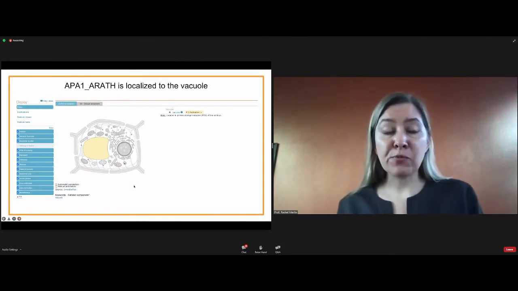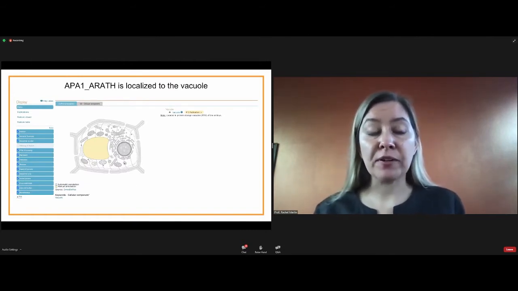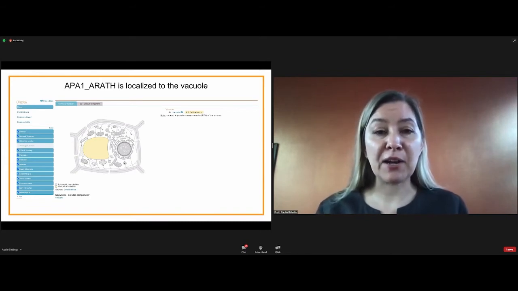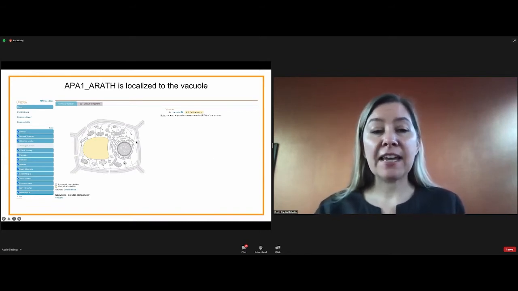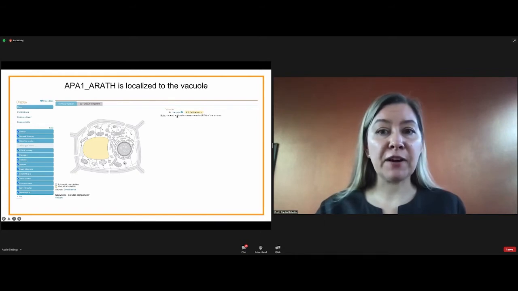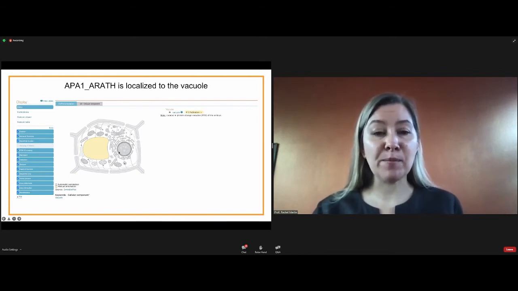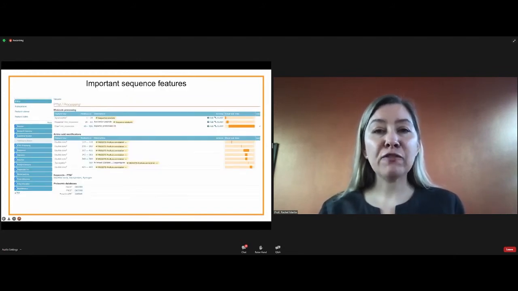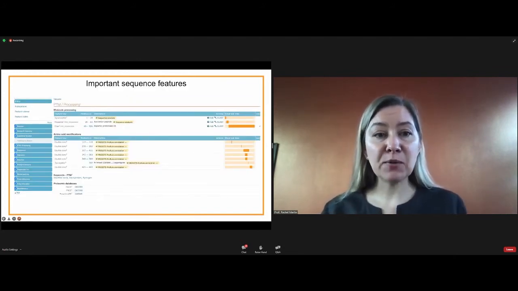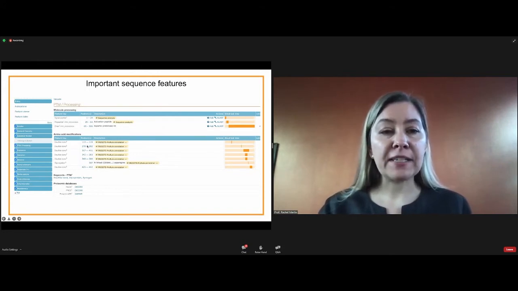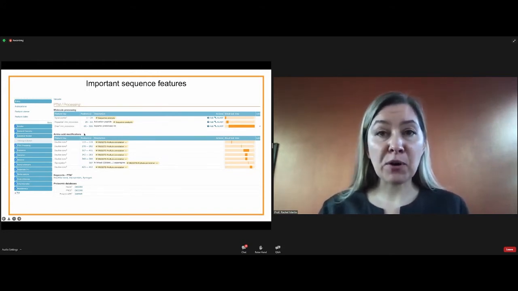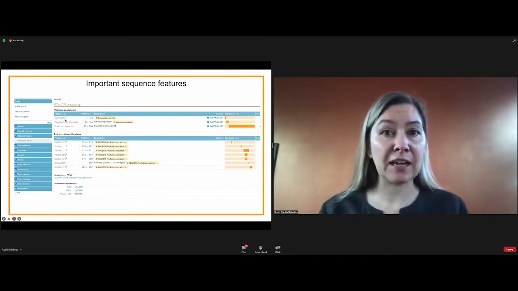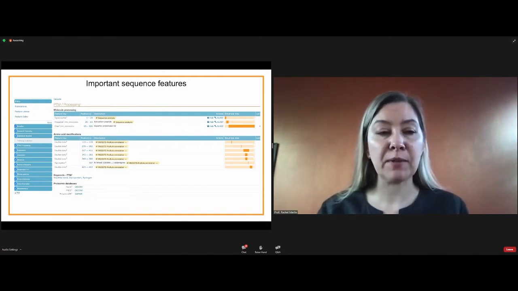There's a lot of really useful information in Uniprot, and you end up learning some biology from looking at this. It tells you that this protein is found in the vacuole, and it gives you a little diagram of the plant cell with the vacuole. That's kind of cool. If we look in more detail at the sequence analysis, we can see different sequence features. I already pointed out the active site residues, but it also tells you that this thing has a signal peptide. I mentioned that's how the cell knows to export it from the cytoplasm.